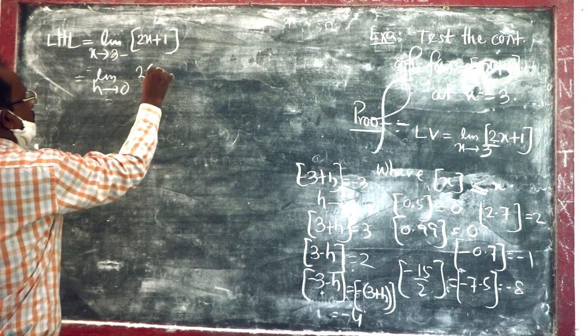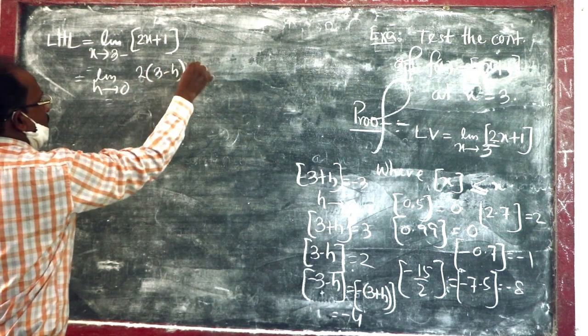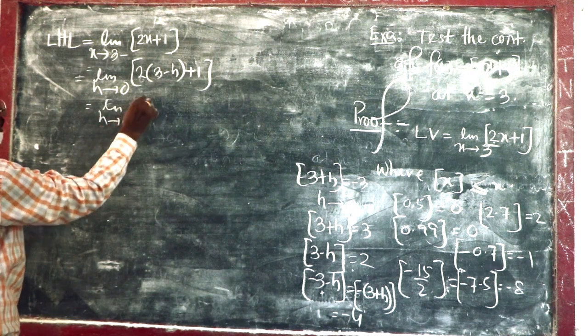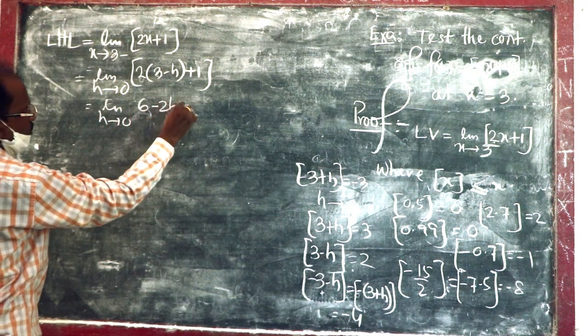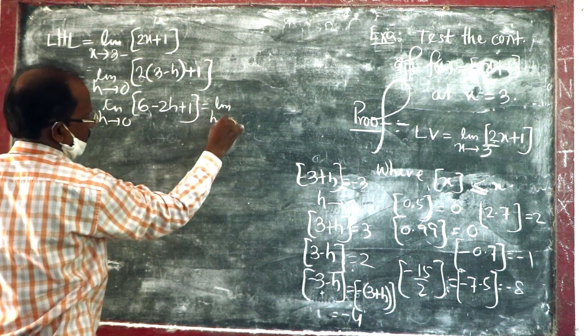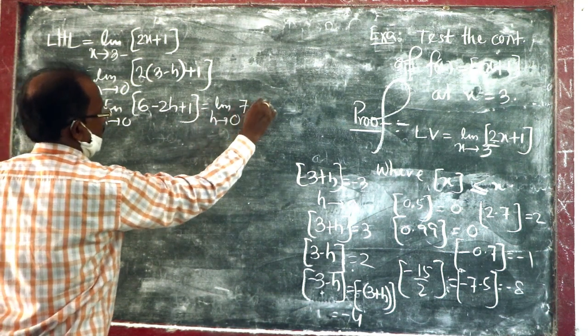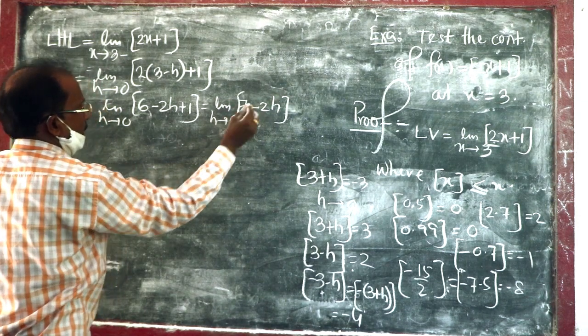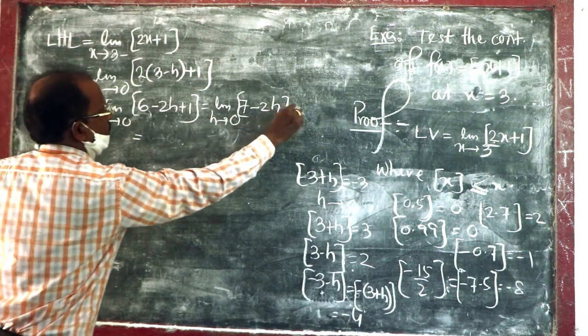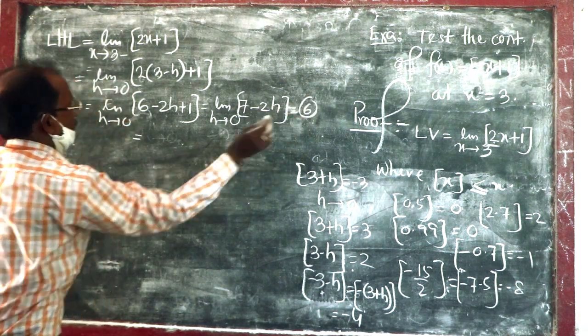So bracketed 2 into (3 minus h) plus 1, that is equal to limit h tends to 0, 6 minus 2h plus 1, that is bracketed 7 minus 2h, that is 6 point something, whose value is equal to 6.